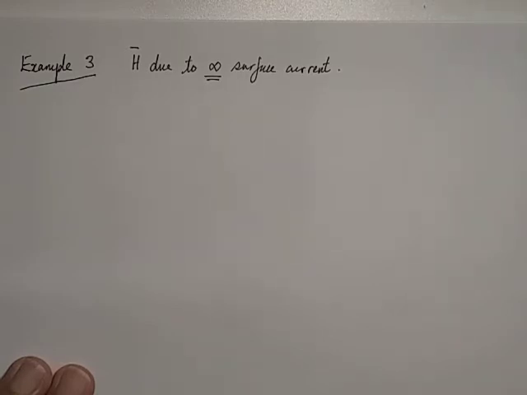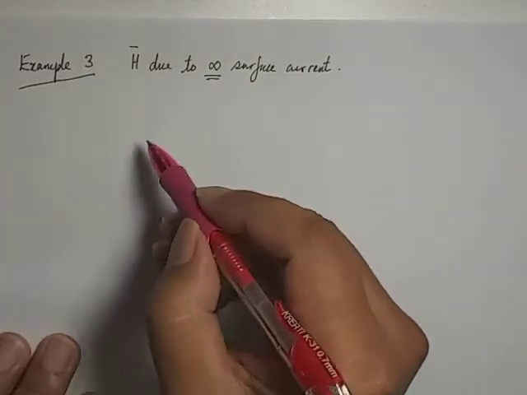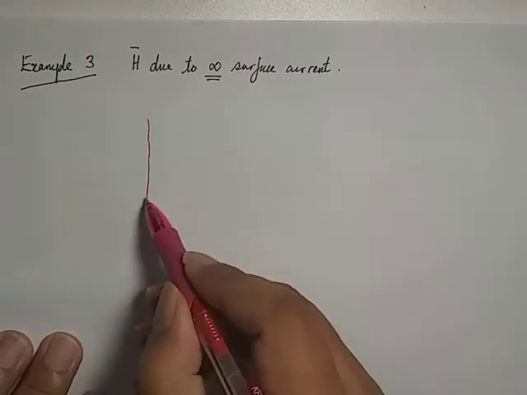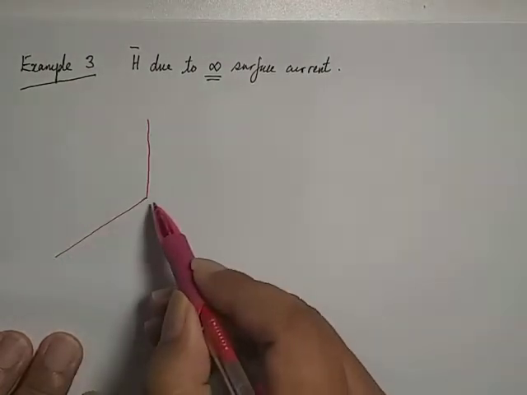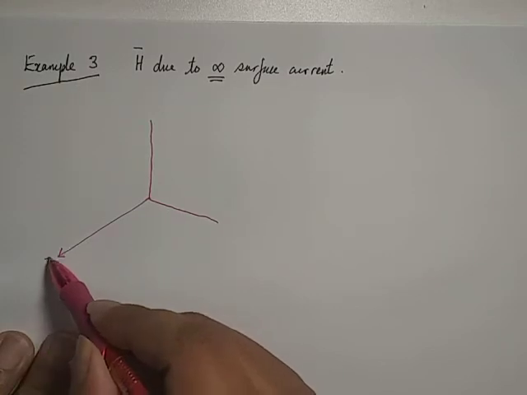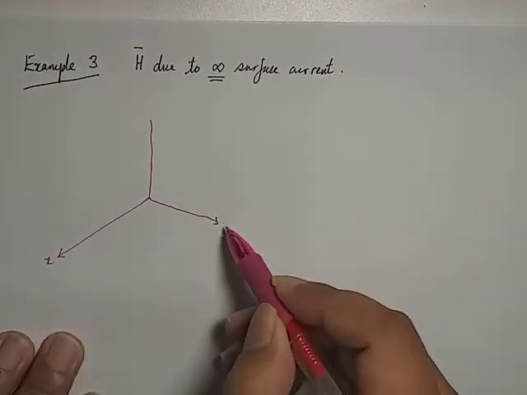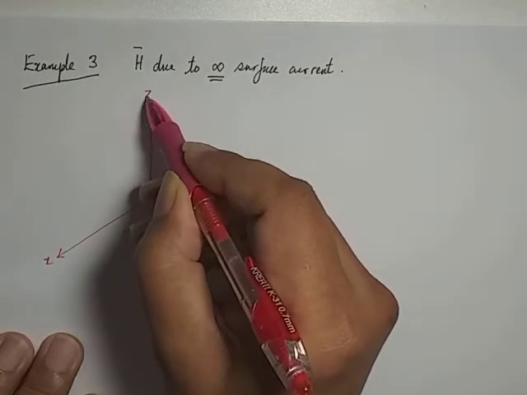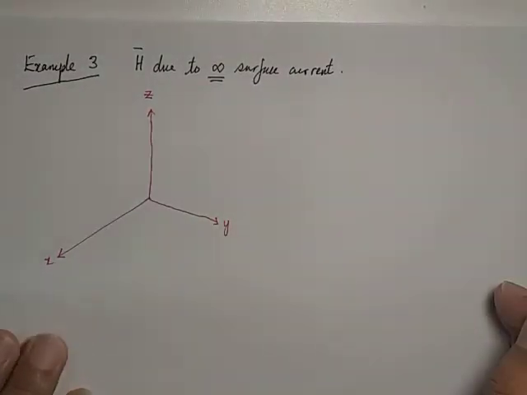Okay, so let's draw the axis first so that the mathematics is going to be a bit easier. This is my Z, this is my X, this is my Y. So this is our X-axis, Y-axis, Z-axis. Okay, that should be our coordinate system.